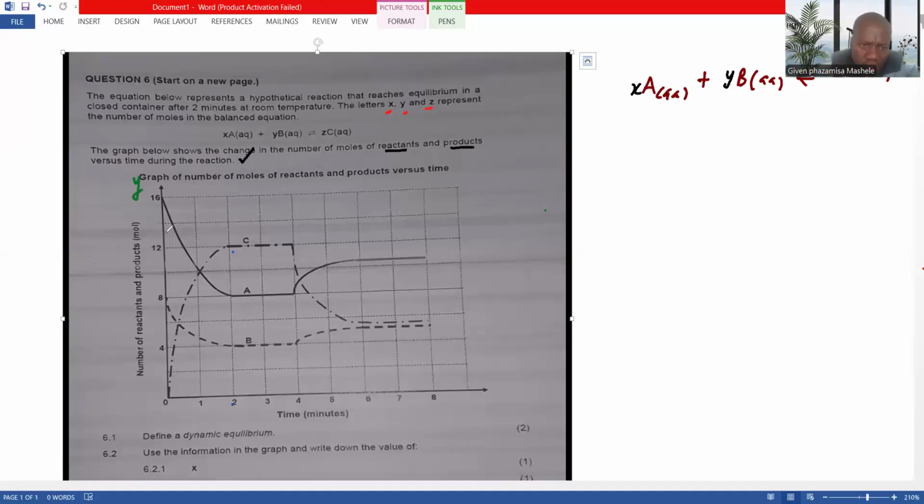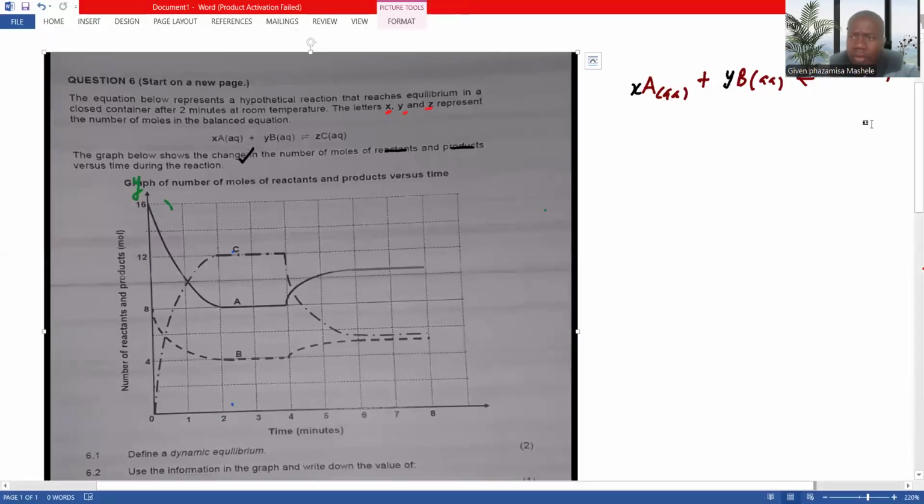If we look at this, this graph is for A. A started with an initial moles of 16, if I'm not mistaken. At time 0, A had an initial moles of 16, whereas B had an initial mole of 8.